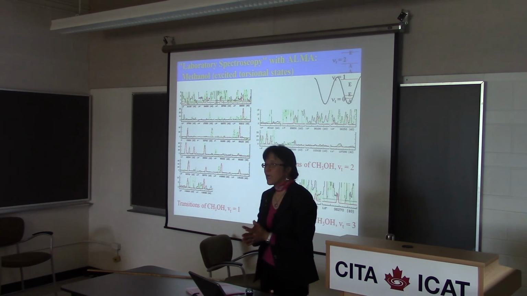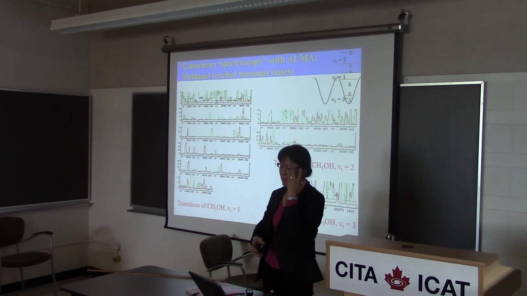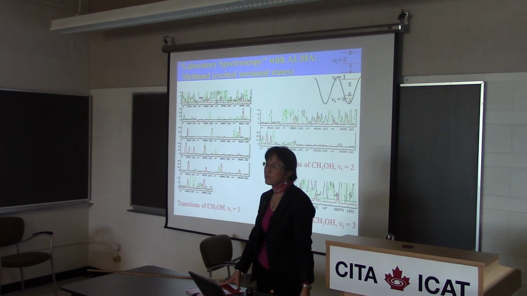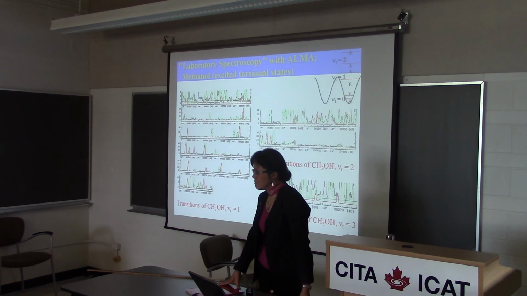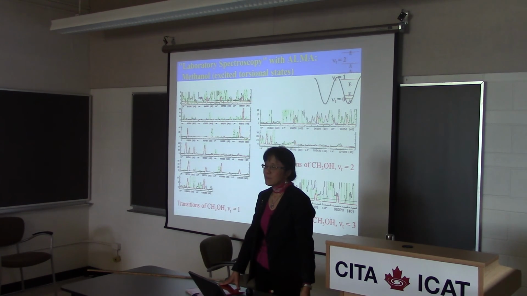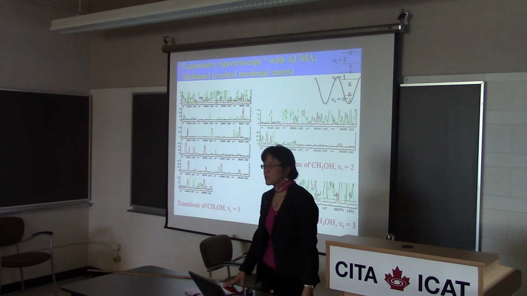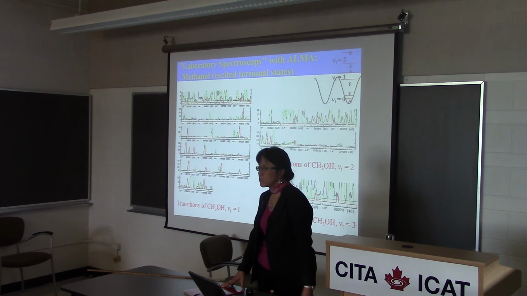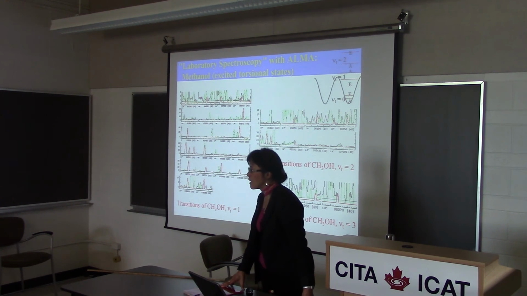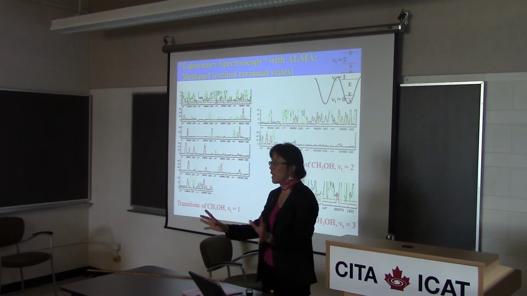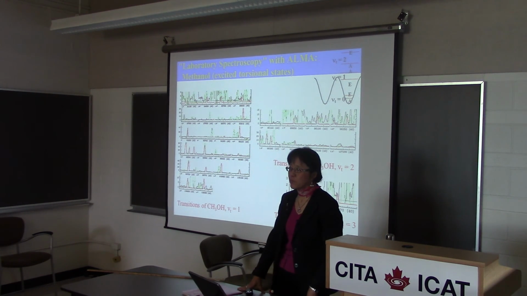There are some lines we predict but do not see, but I wouldn't totally believe the detection, because for those complex molecules, so far we don't have a way to generate a line list which is 100% reliable. There are various reasons.